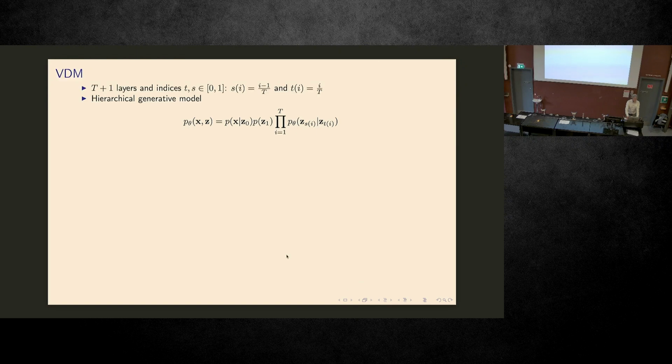So we have a prior distribution at index 1. Now our indices are not like 1, 2, 3 up to T. They are fractions, and we'll see later on when we take the continuous limit, it's nice to have fractions.